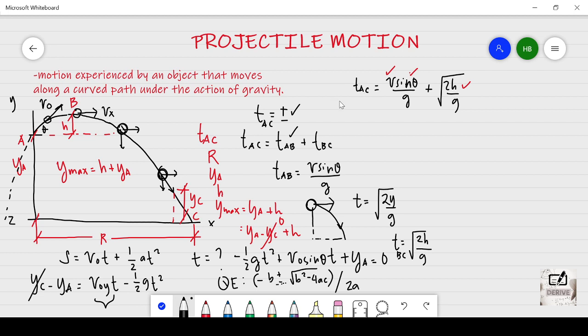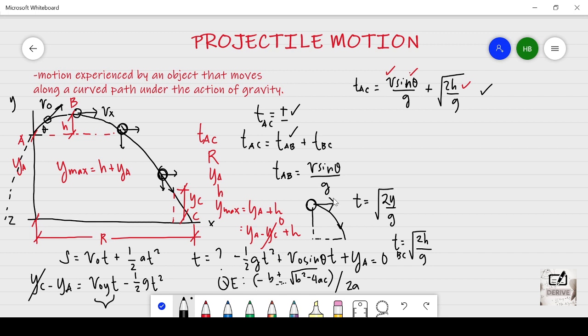But the usual process here is that you are going to use the quadratic equation nga. So, madali lang naman sa calcu. But in case lang na you need an alternative solution, you may depend on this. Basta given yung h. Kaso karaniwan kasi, hindi given yung h pa. Pero kung sakali lang. So, there you have it. You have your TAC already. Okay? Tapos, dalawa pa yung solution mo. Di ba? Ang saya.